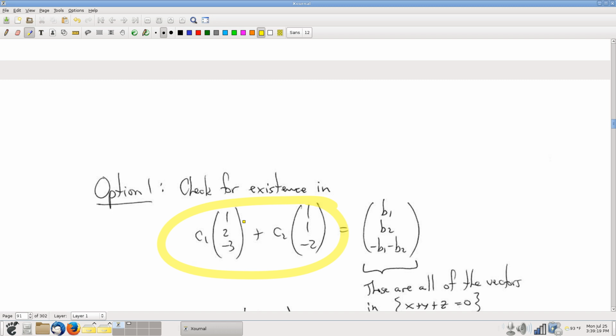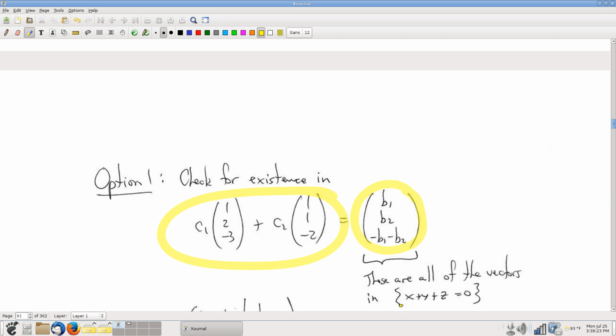I just need to check that it can equal every vector that satisfies this equation. And it's not hard to persuade yourself that every vector that satisfies that equation is of this form. Certainly, whatever these two values are, this has to be the value that this equation says it has to be. Okay, so all solutions are of this form.